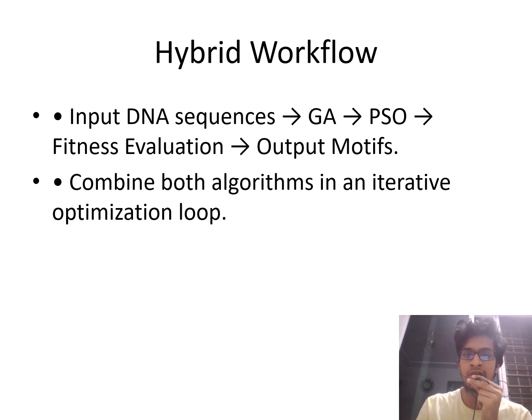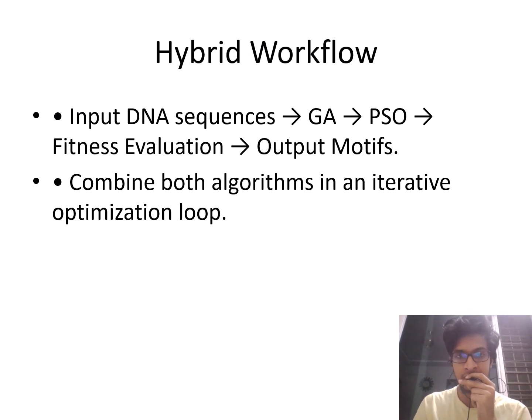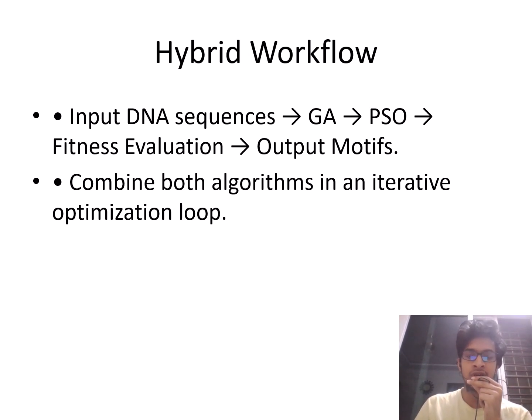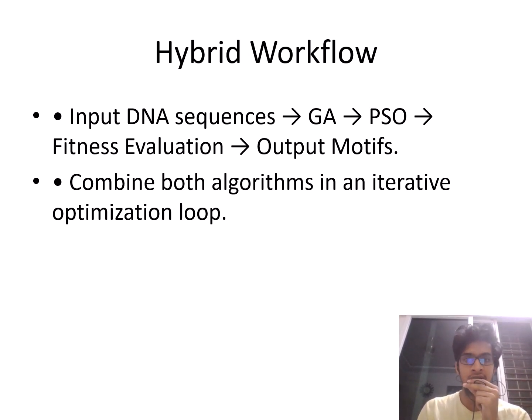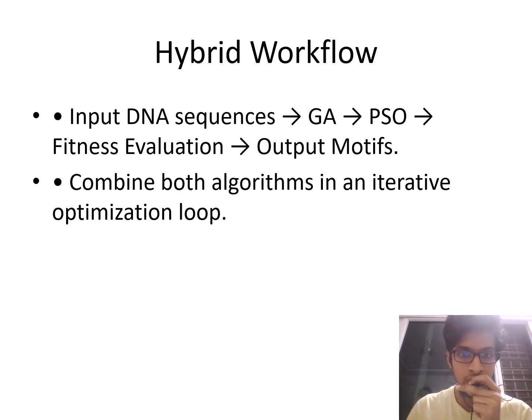After the PSO updates, we replace individuals by evaluating the fitness again. After replacing the individuals, we iterate again, initializing the new individuals and going through the same process. We repeat this a few times until we get the output.